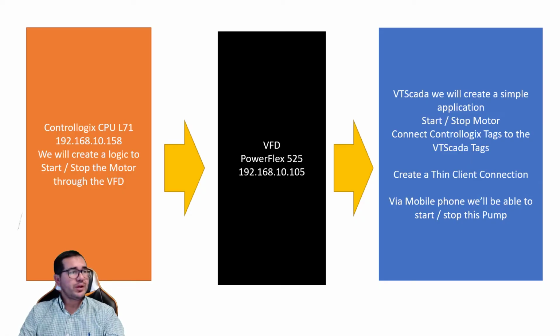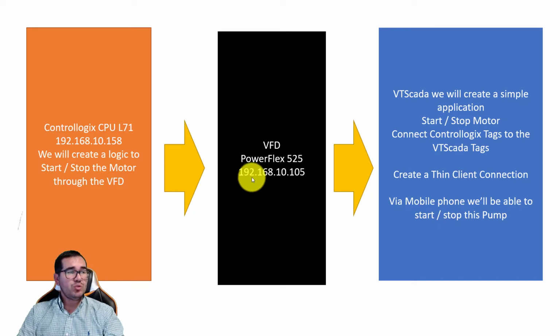What we're gonna do right now: I have a ControlLogix CPU L71 and my IP address is 192.168.10.158, and we will create a logic to start and stop the motor through the VFD. I have a VFD PowerFlex 525.